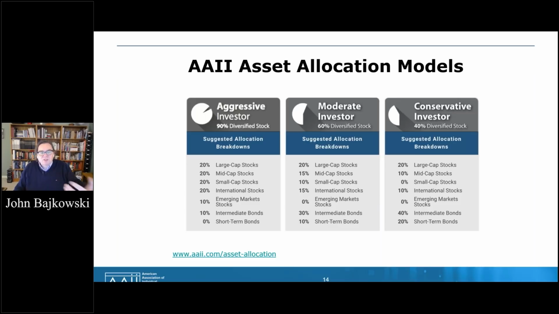So these are suggested asset allocations, and they serve as a starting point. So again, start off with an asset allocation. As an investor, you don't really need to go much beyond here. You can, of course, use a robo-investor. You can use a fee-based advisor, but really, for most people, a basic asset allocation, either aggressive, moderate, or conservative, is going to be all you really need to plan out your future and meet your long-term goals.